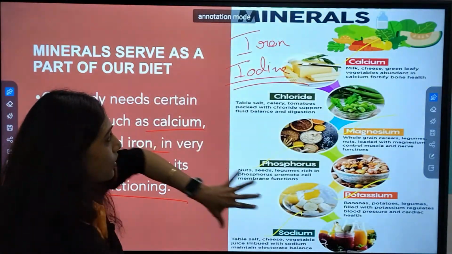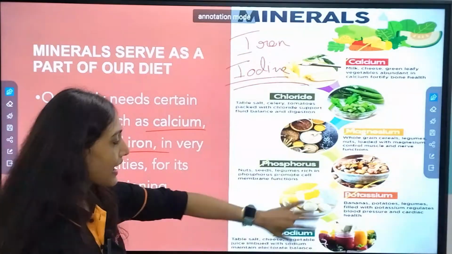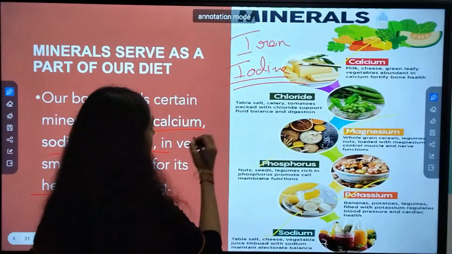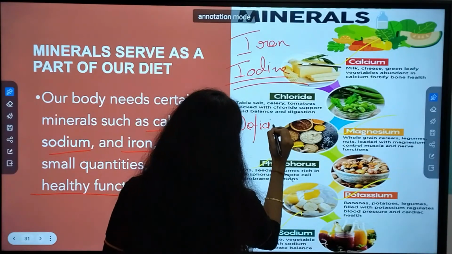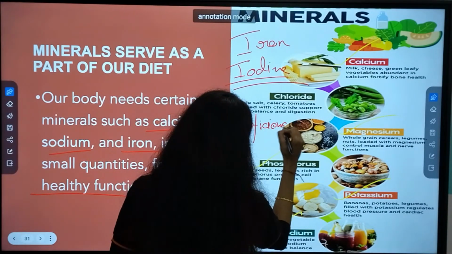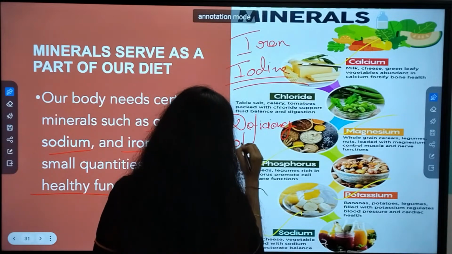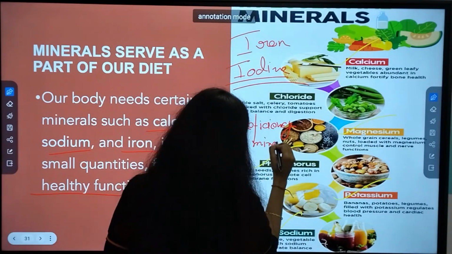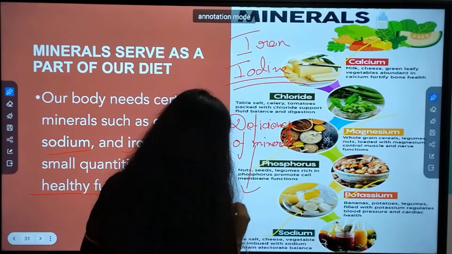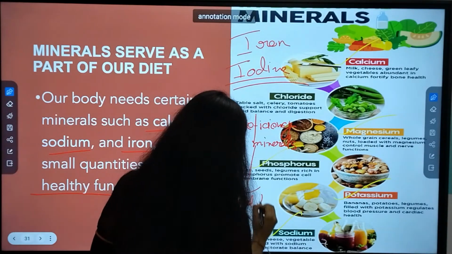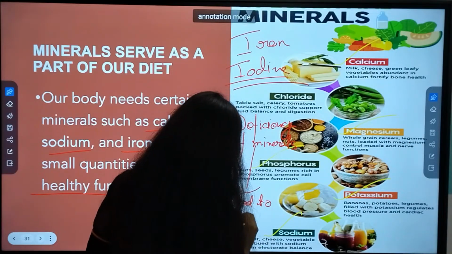If you are not provided with these minerals, what will happen? You will have deficiency of minerals, which will ultimately lead to disease.